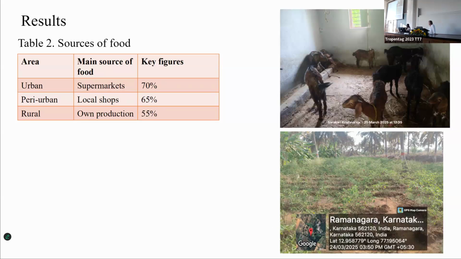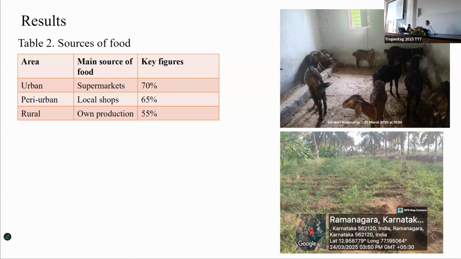One is own production, one is the supermarkets, one is the local shop, and we also have something called online shopping, like Big Basket and such online platforms, where the prices fluctuate every time based on demand and on the festivals. So even the source of food was considered for online shopping. We have some five or six online platforms for the procurement of food.